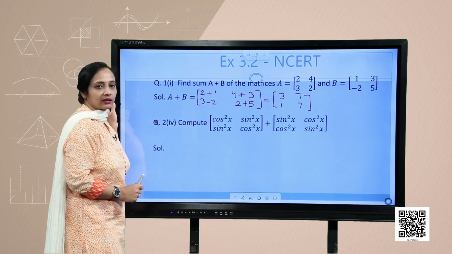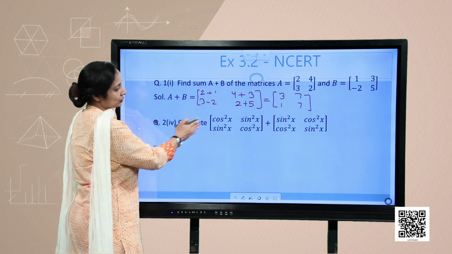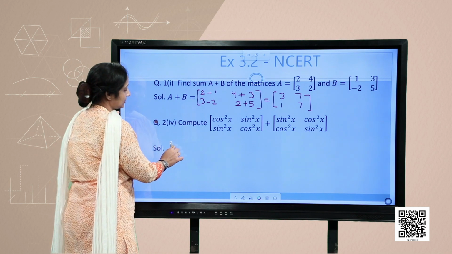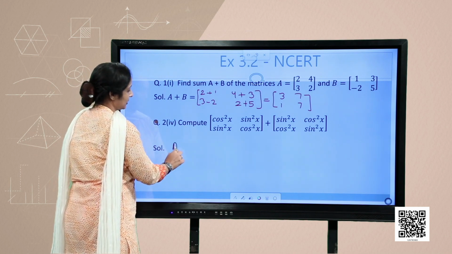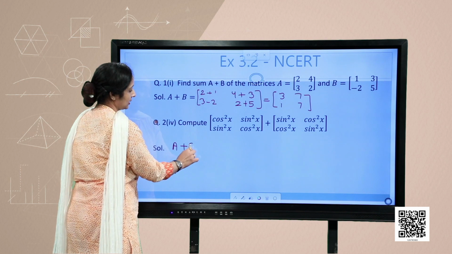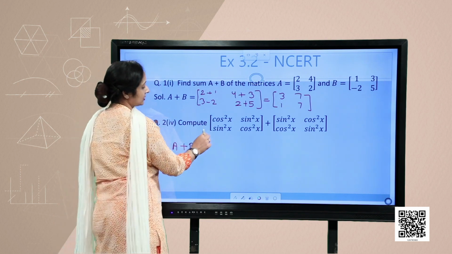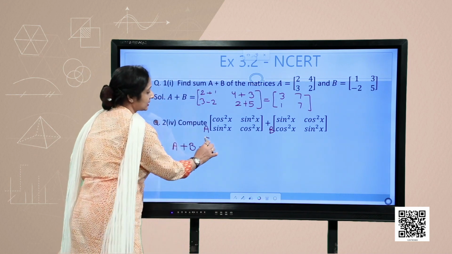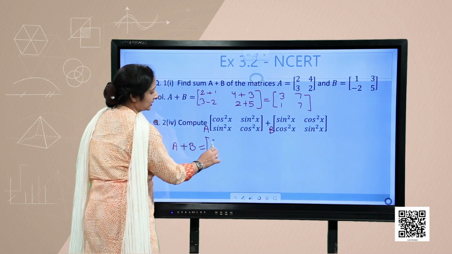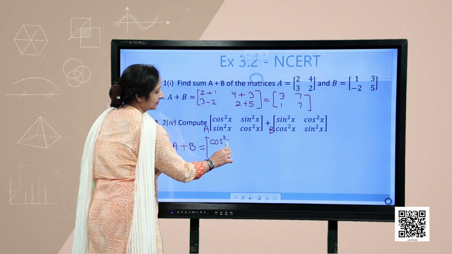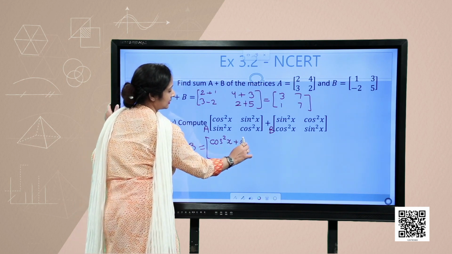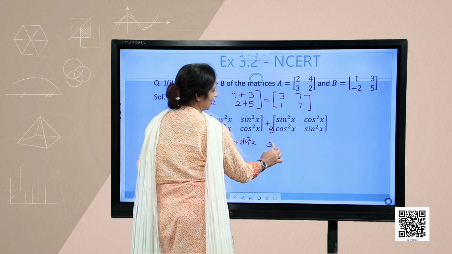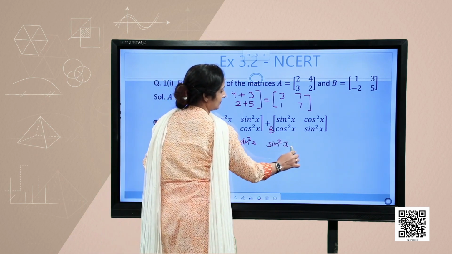Next question is second question, fourth part. You have to compute this addition of matrices. So, let me name them as A plus B, where this is matrix A and this is matrix B. So, let us add all the corresponding elements like this. Is it reminding you of any identity that you have done in junior classes?